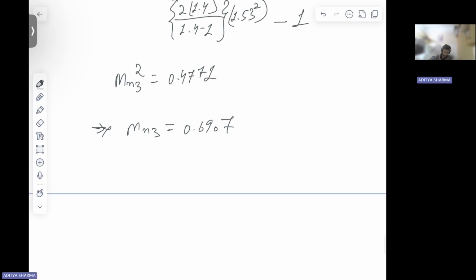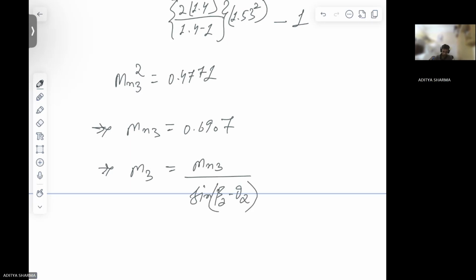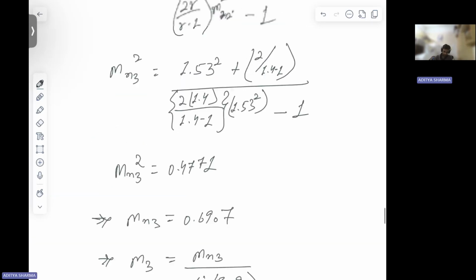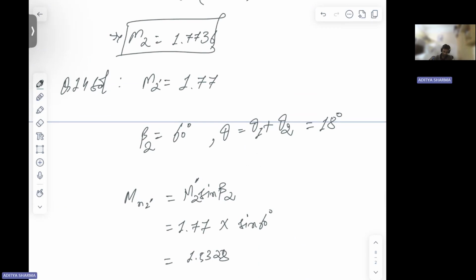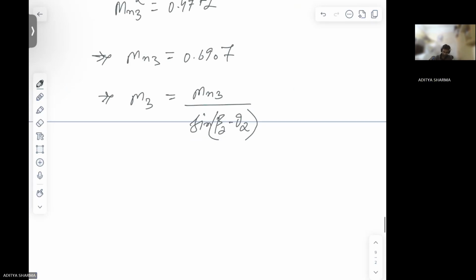Now in that case, M3 is Mn3 divided by sine of beta 2 minus theta, maybe you can call the aggregate theta 3.